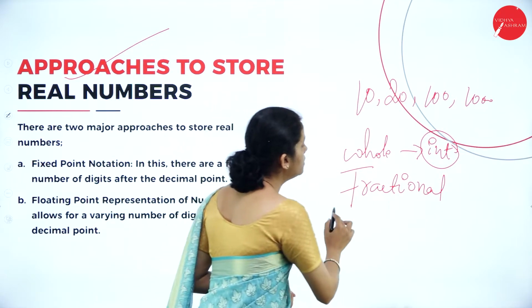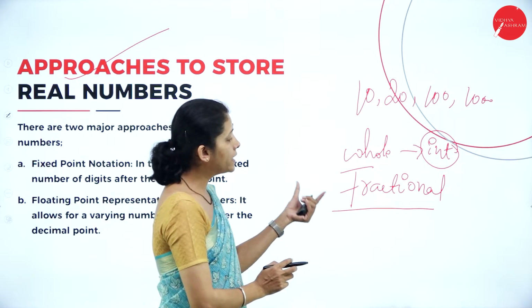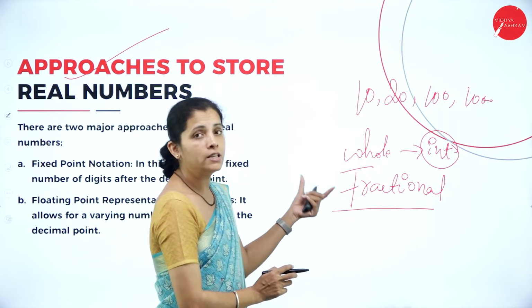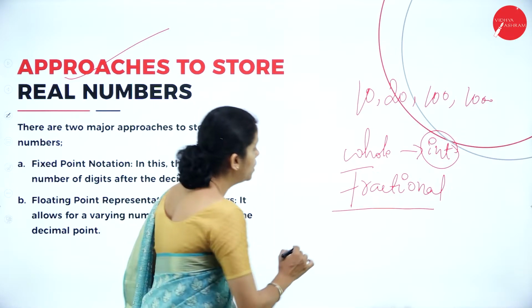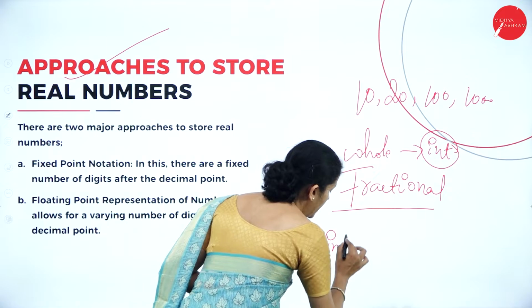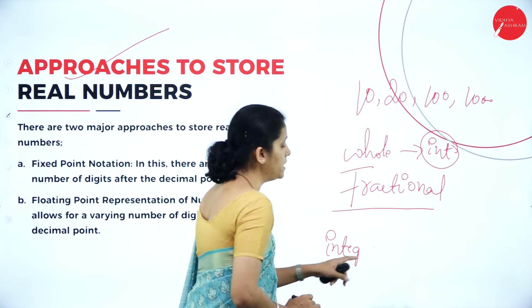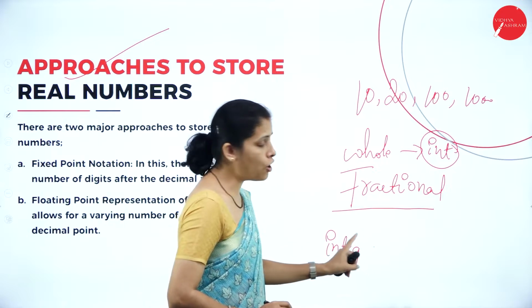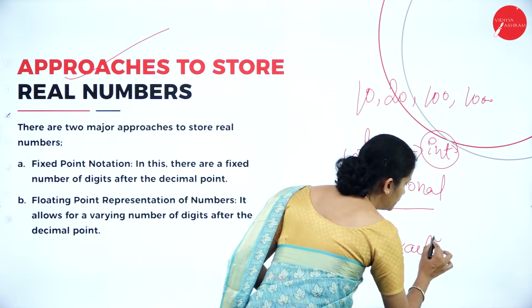If I consider fractional number or real number, I have two parts. One is integral part, then I'm going to have the decimal point, that is dot, then I'm going to have fractional part.